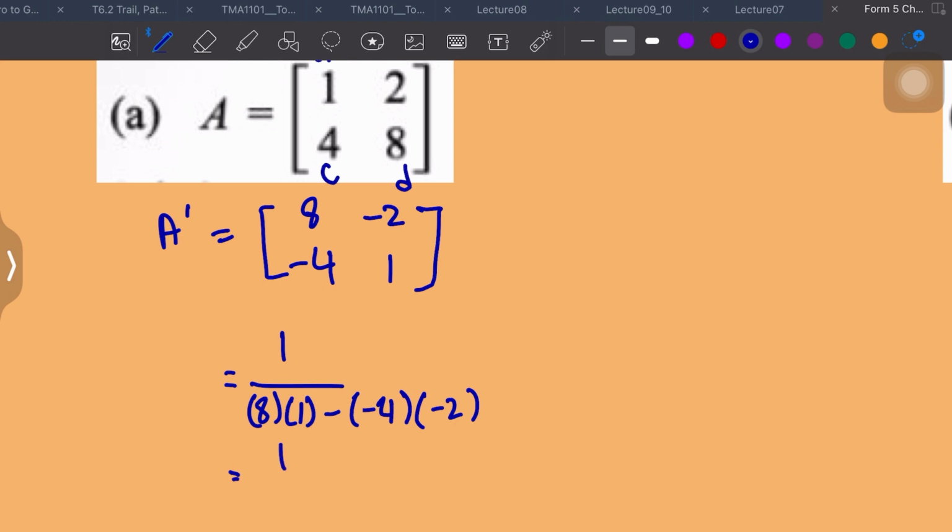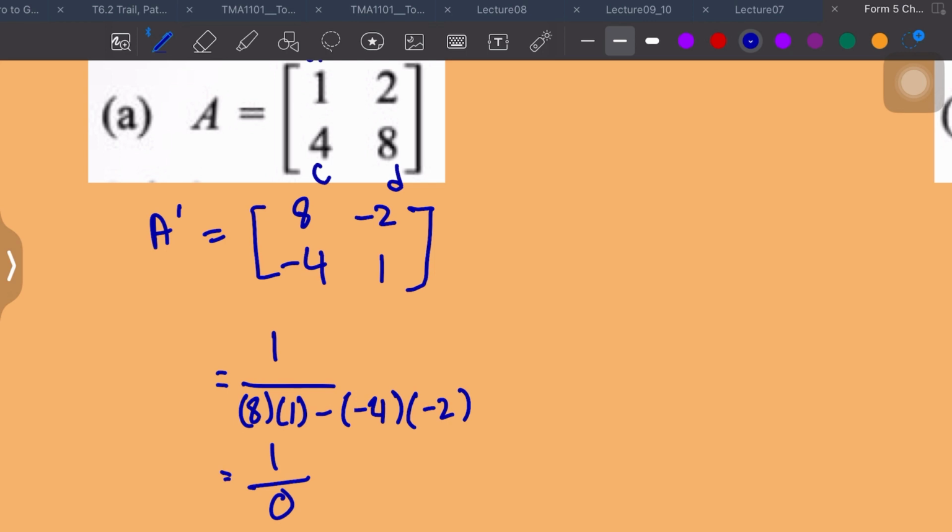The answer will be 0. So the inverse for question A does not exist.